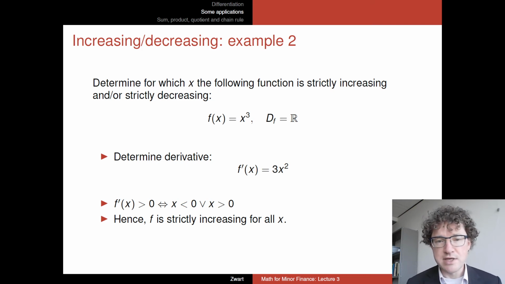So since it's only the single point where the derivative is 0, and for all other x f prime is going to be strictly positive, this function f is going to be strictly increasing for all x.